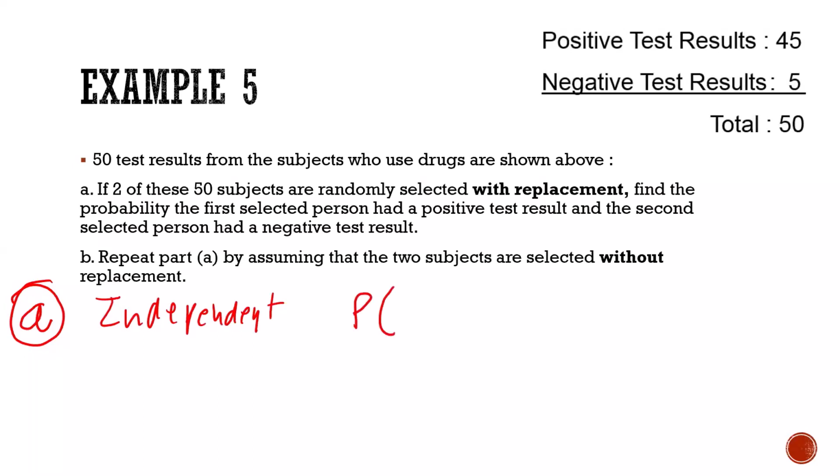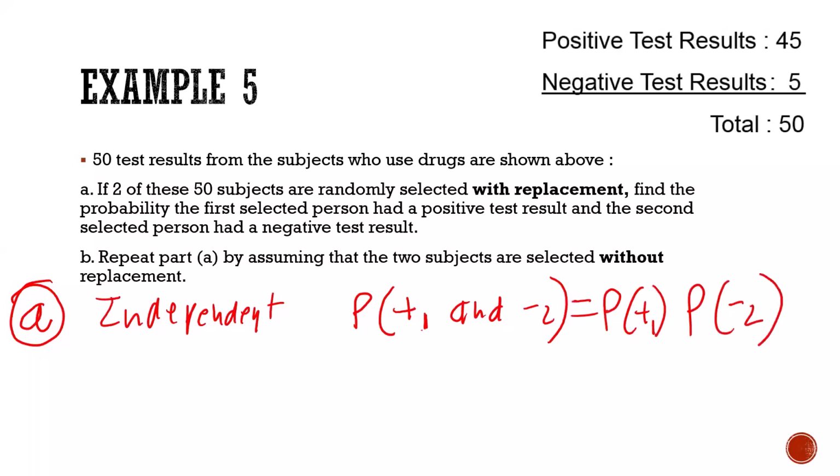So the probability that I'm going to write, so this means probability first positive and second negative, okay? When the events are independent, I can simply multiply them.